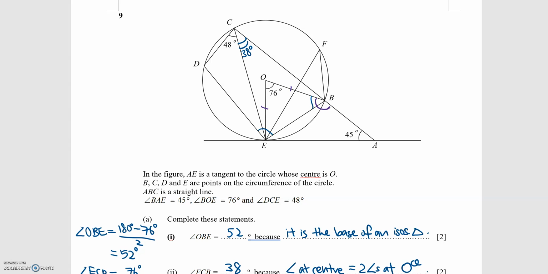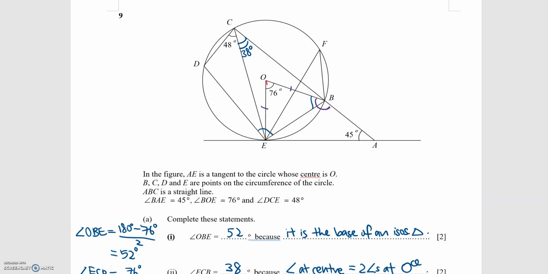So let's take a look at a few possible ways that we can actually solve for this angle. I can make use of my quadrilateral OBAE.